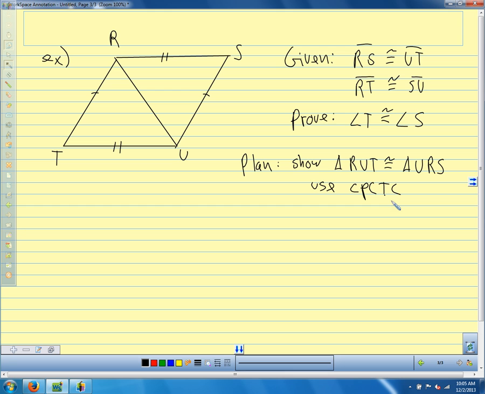Well, this proof is almost done for us, isn't it? What other piece of information would we need to know that those two triangles are congruent? So we're looking at this triangle, and we're looking at this triangle.